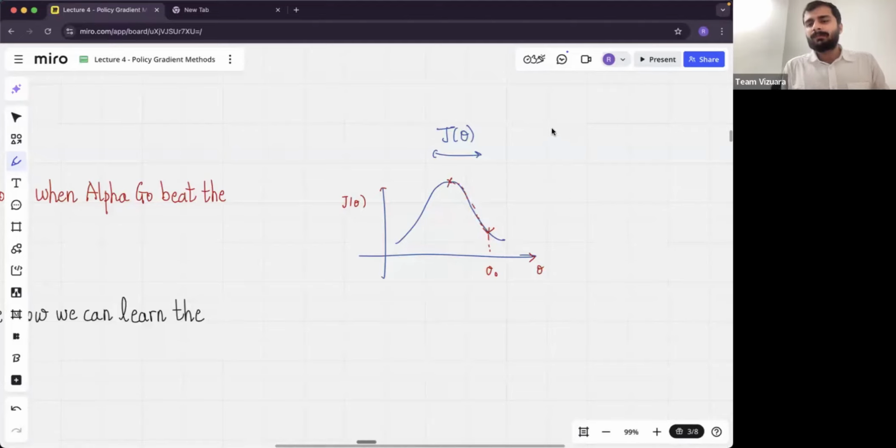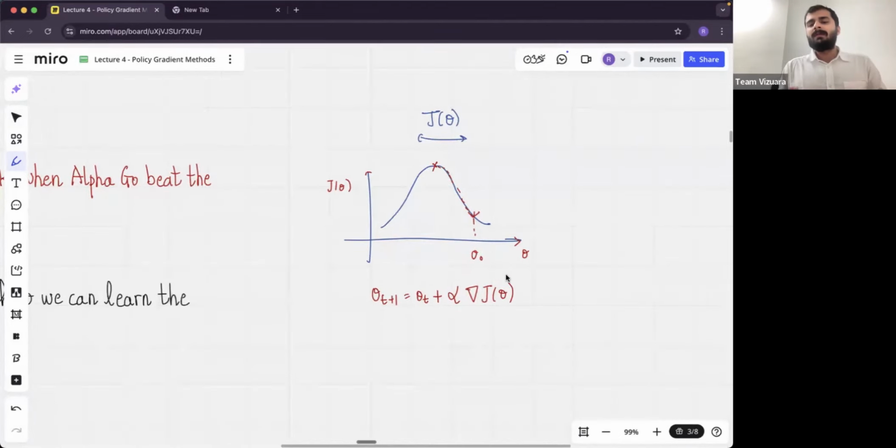And this you are going to do by using this update rule: theta t plus 1 equals theta t plus alpha times grad of J of theta. In traditional machine learning algorithms, you're trying to minimize your loss, so you will see a negative sign over here, but here we want to maximize our performance measure. This is an example of a gradient ascent algorithm where we are ascending the mountain to reach its peak.